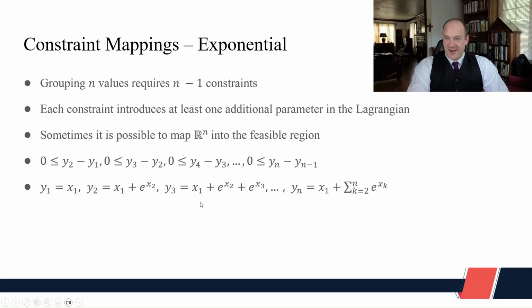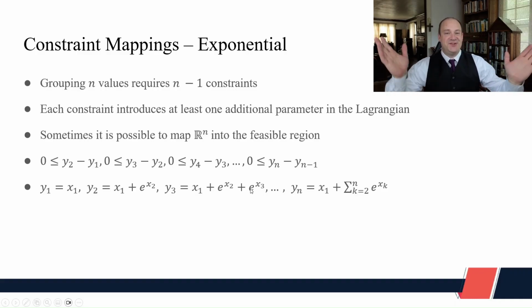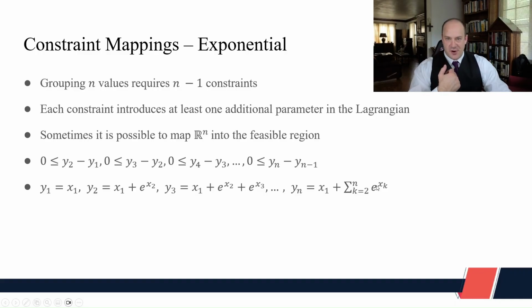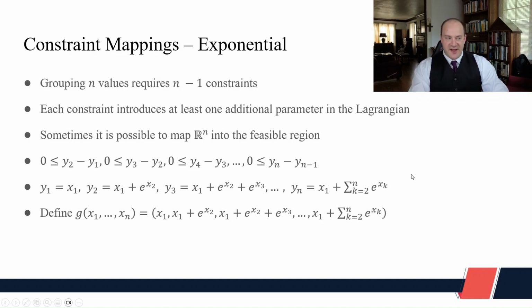y3, I'm going to take to be x1 plus e to the x2 plus e to the x3. And now when I take the difference between y3 and y2, what do I get? Well, I get e to the x3. It's exponentiated. It's positive. We're in good shape. So this transformation here, you hand me any vector from Rn, and I hand you back this transformation implied here. It's this guy right here.